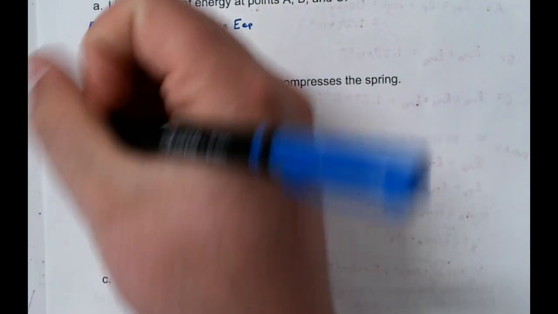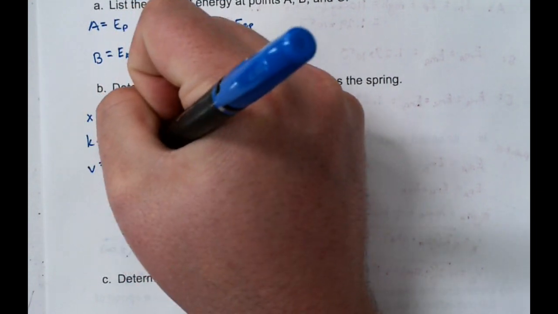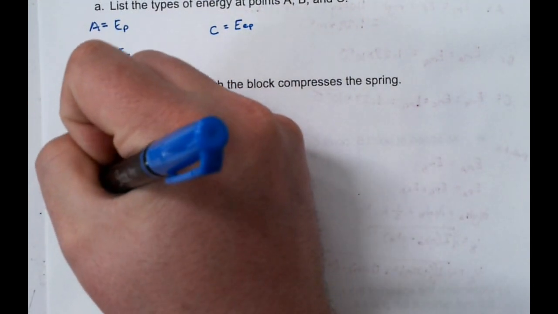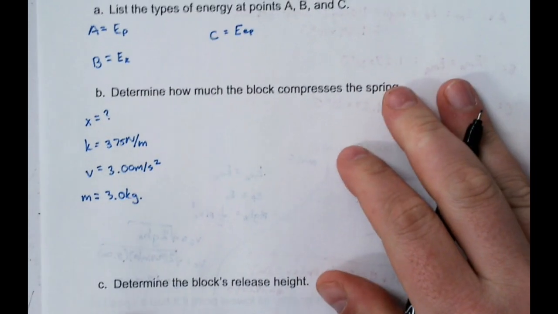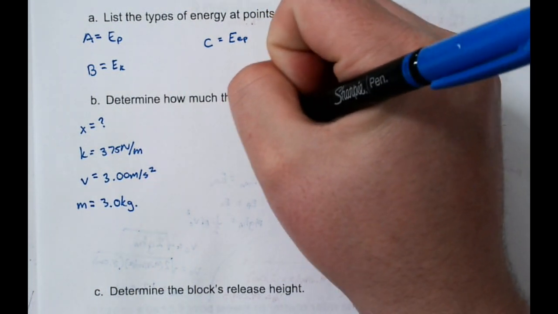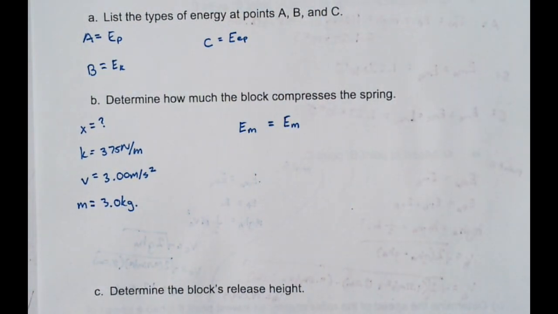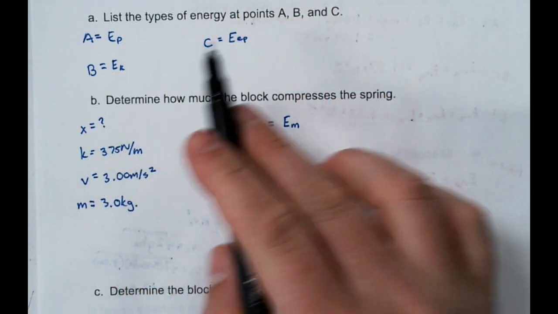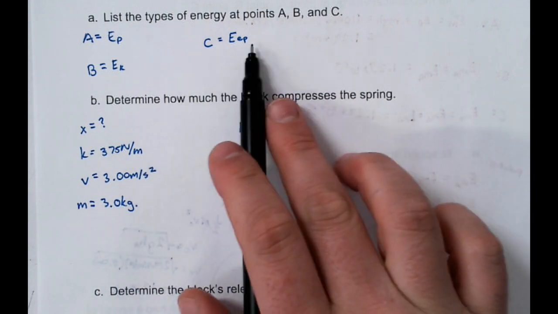It tells us that it collides with the speed of 3.00 meters per second, and that the block has a mass of 3.0 kilograms. So using our conservation of mechanical energy, we know the mechanical energy at one point is going to be equal to the mechanical energy at another point. So let's look at point B, where we have all kinetic energy, and point C, where we're going to find out what our spring compression is.